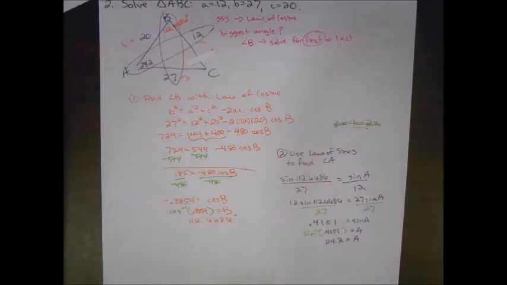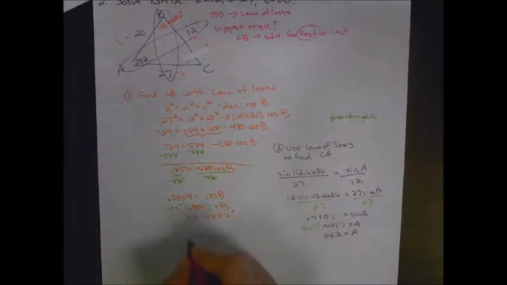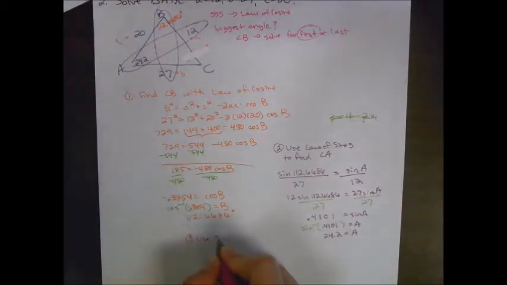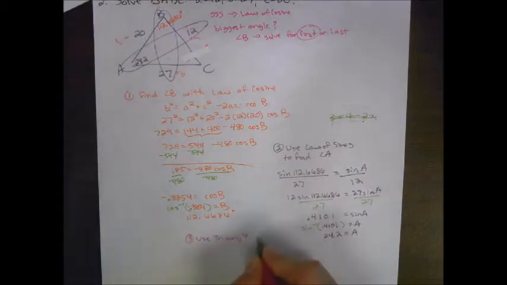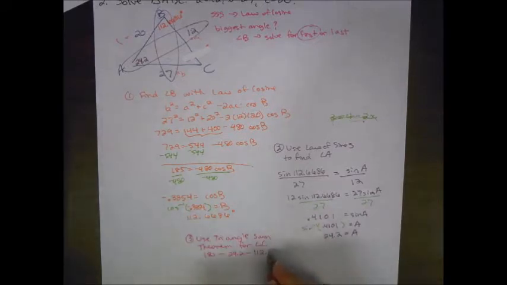Okay, so I found angle B. I found angle A. Last step is to find angle C. Use triangle sum theorem. So what is that? 180 minus A, which is 24.2, minus B, I'm going to round 112.7, and I get 43.1 degrees.